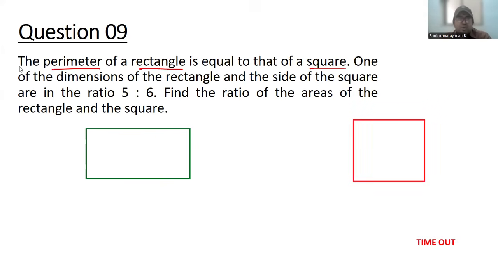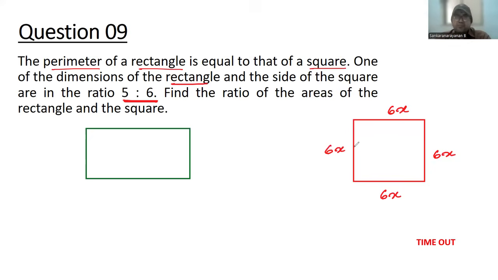So I am going to consider one of the dimensions of the rectangle and the side of the square to be in the ratio 5 is to 6. So I am assuming the side of the square is equal to 6x.